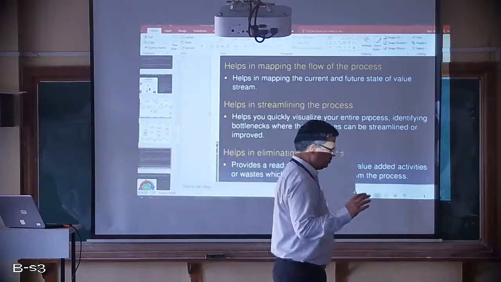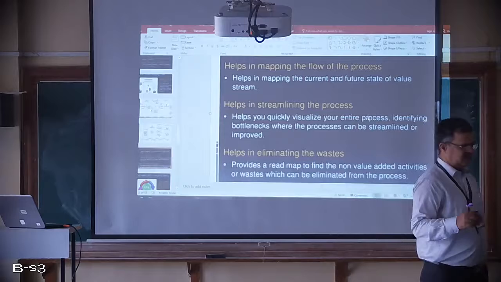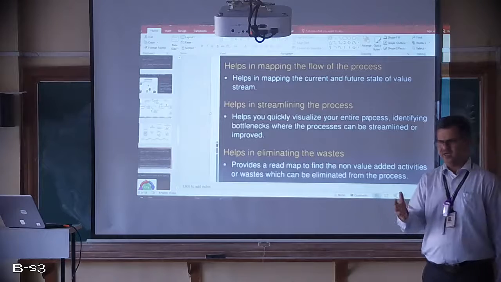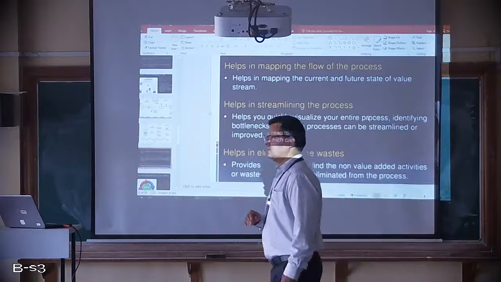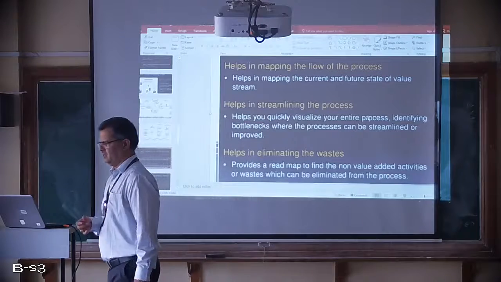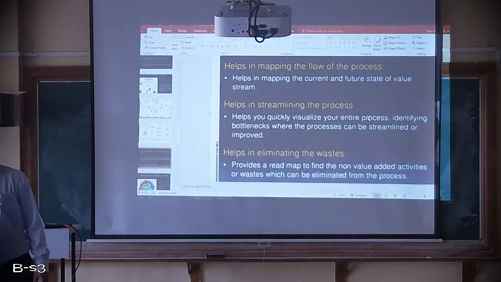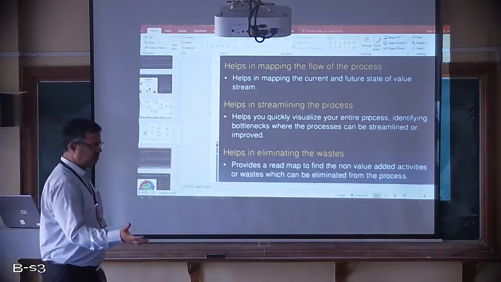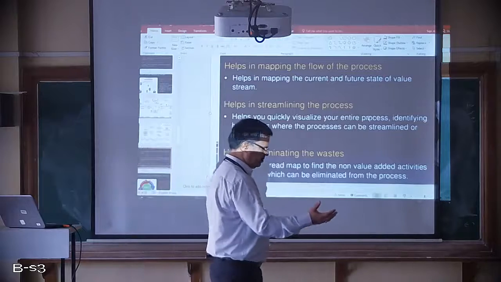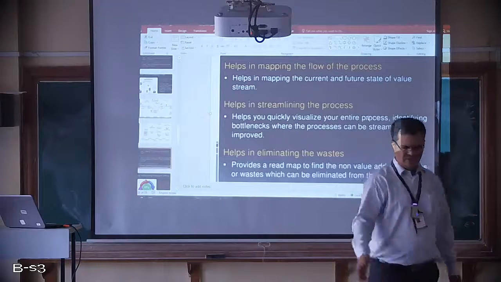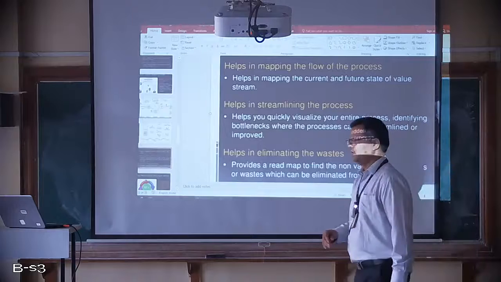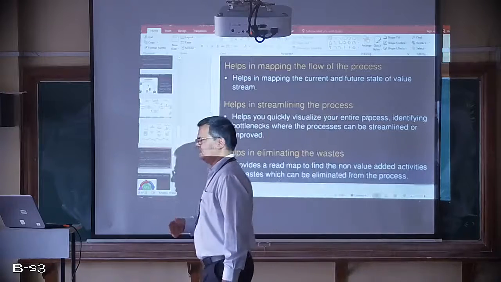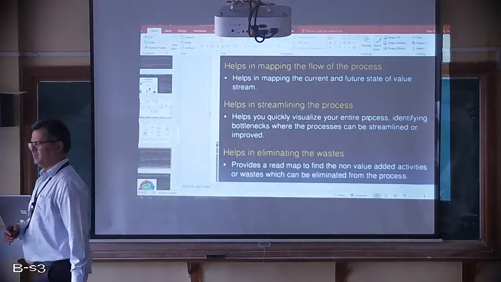Now you have to think about whether you can change anything here, and identify some of the non-value added items. There may be unnecessary movement, or sometimes during processing the material has to go there and come back once again. That leads to extra movement of the material or even the worker.